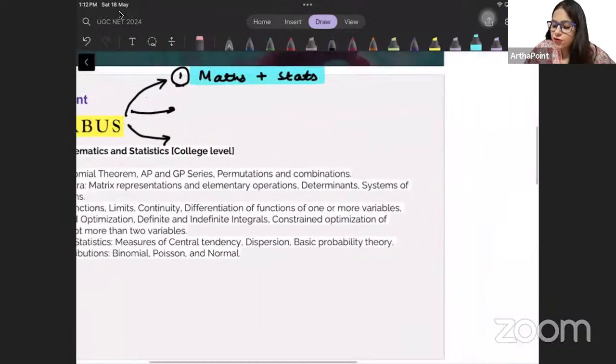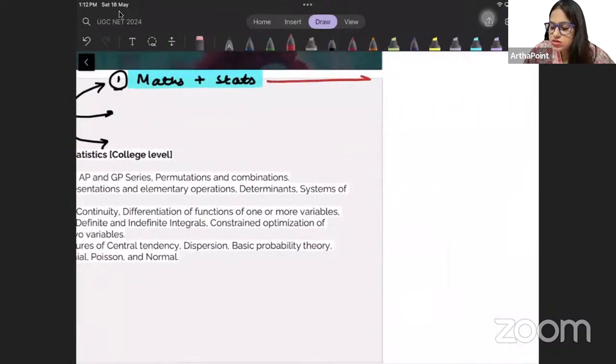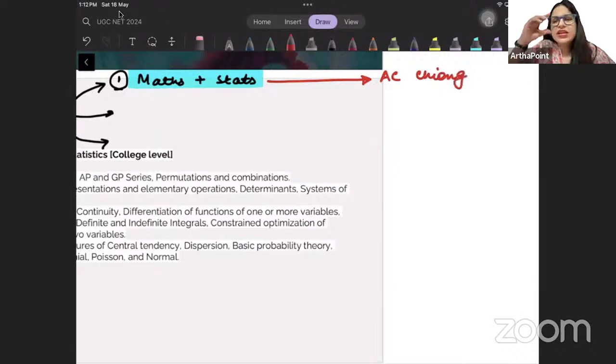If you look at the suggested books given by IIT Kanpur, the suggested book is actually AC Chiang. You can either follow AC Chiang, or you can follow the favorite book that we have, which is Sydsaeter and Hammond. Both these books are absolutely fine for reference from the point of view of maths plus stats.